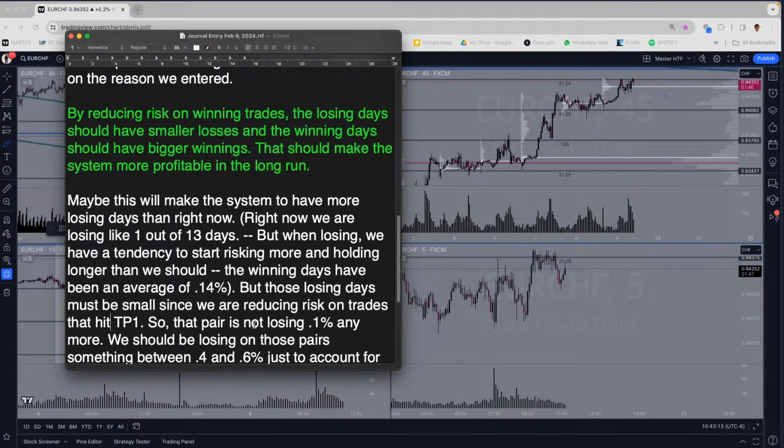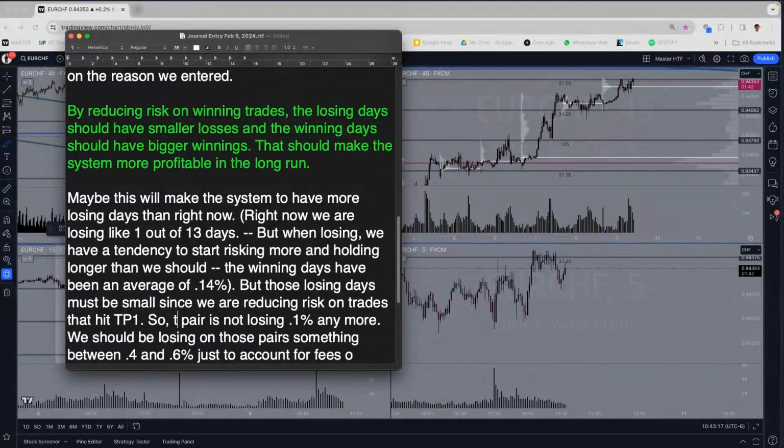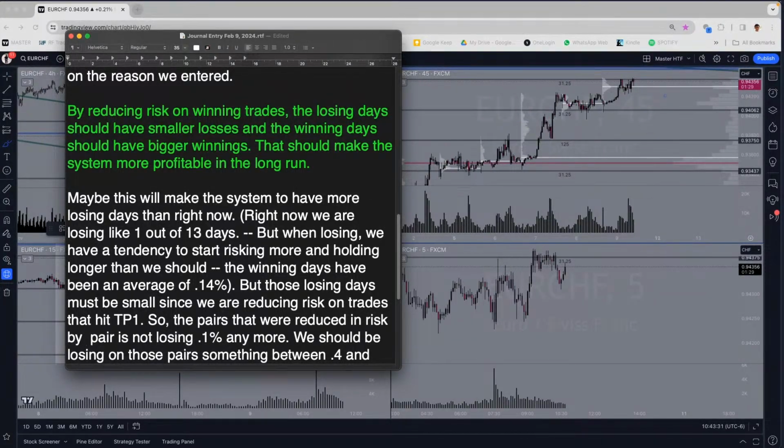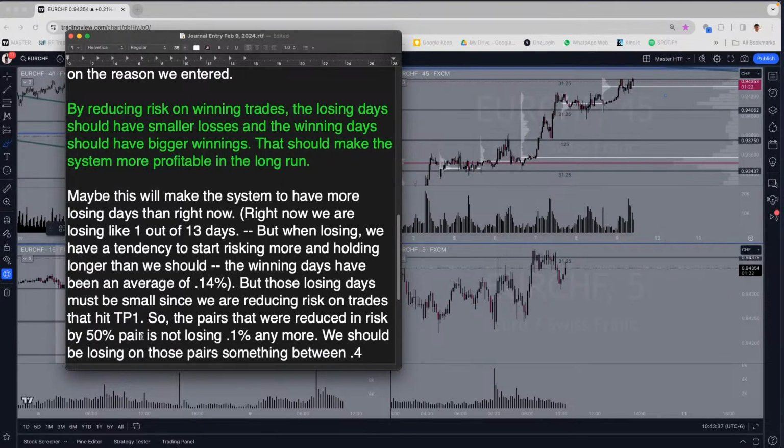So that pair is not losing. So the pairs that were reduced in risk by 50% are not losing 1%, 0.1% anymore.